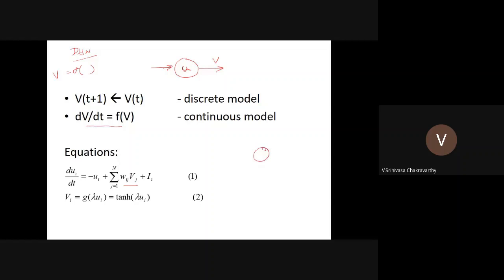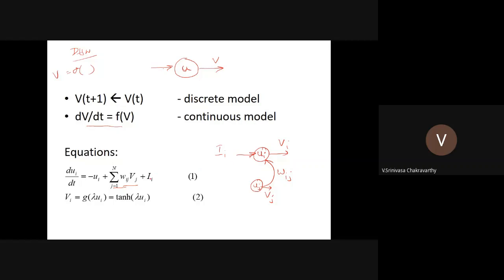This neuron receives input from all the other neurons. Let's say this is the jth neuron, and this is W_ij: the jth neuron over the weight W_ij sends input to the ith neuron. So this is all those terms. In addition, you can also have an extra input going to the ith neuron. This is the differential equation which determines the dynamics of U_i.